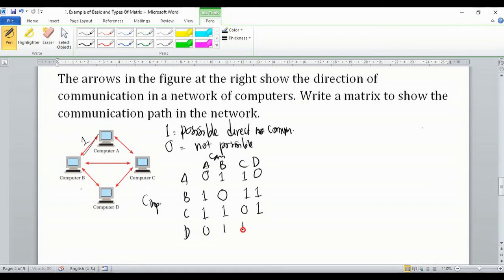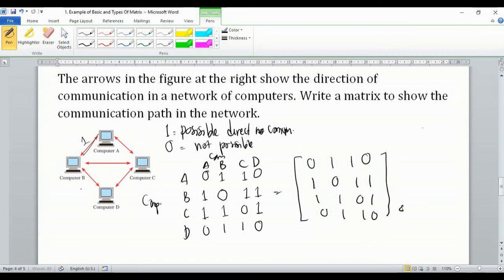D to C is 1 and D to D is 0. Okay, so from here we have the matrix 0 1 1 0, 1 0 1 1, 1 1 0 1, 0 1 1 0. So this one is a 4 by 4 matrix. Okay, everyone, I hope you understand what I'm explaining today.